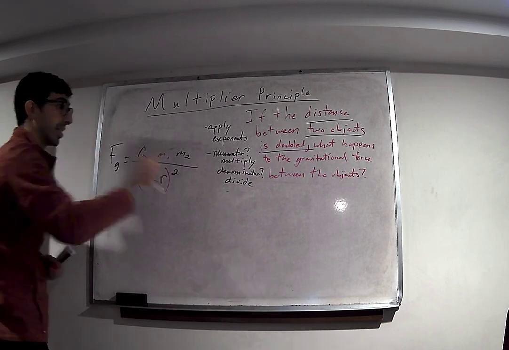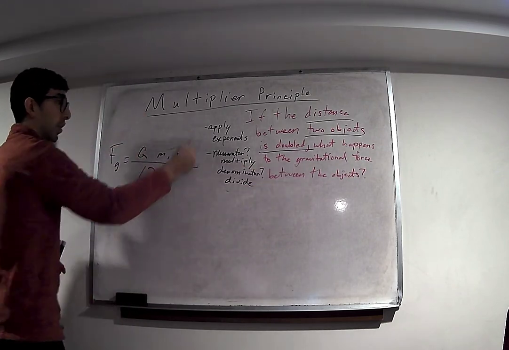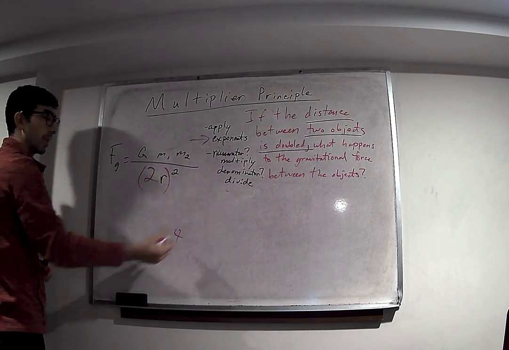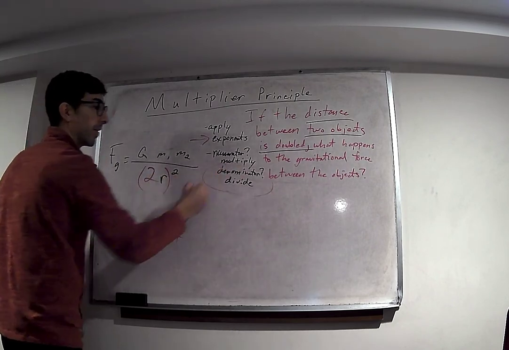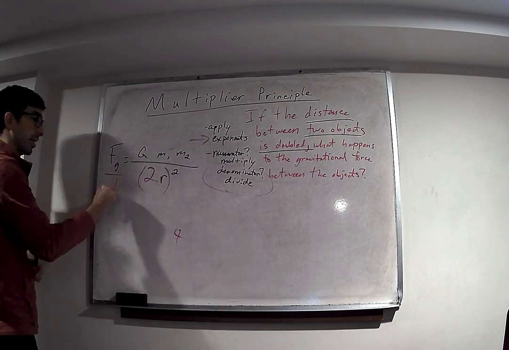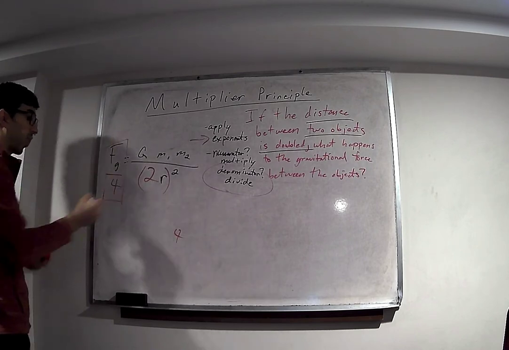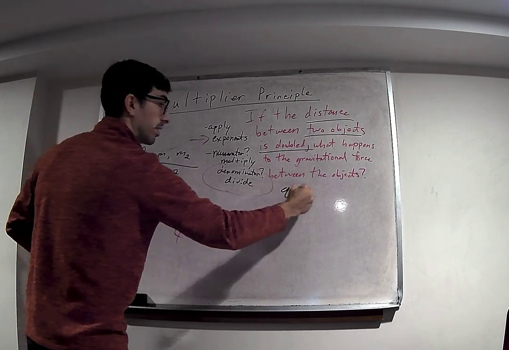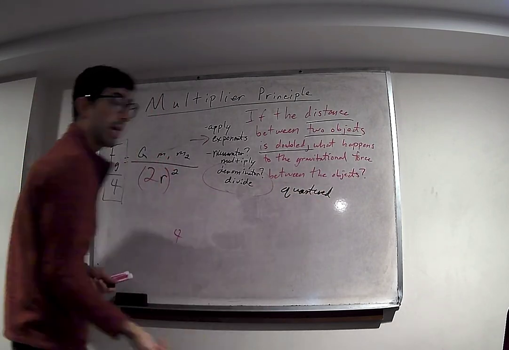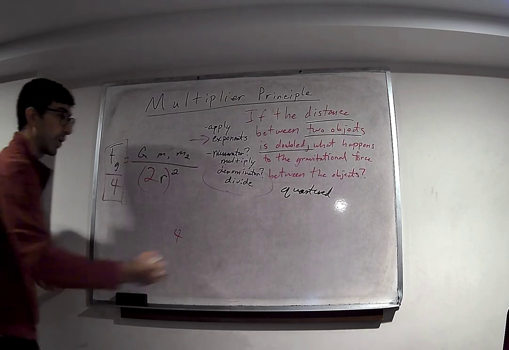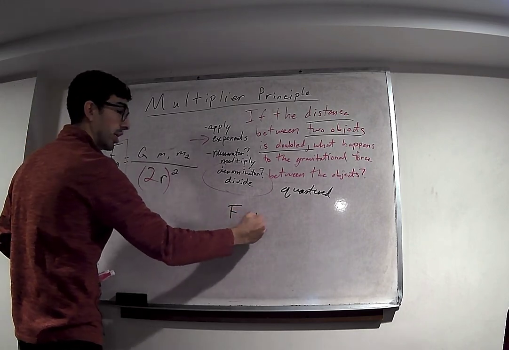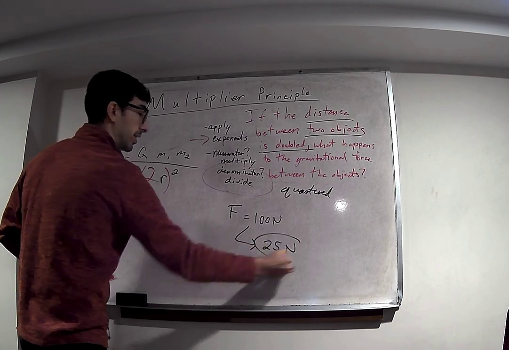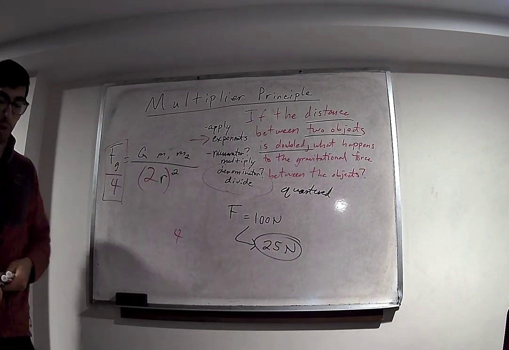What happens to the gravitational force? Well, first we apply exponents. 2 squared is 4, and it's in the denominator. So we divide. It is quartered. It is divided by 4. If the gravitational force was originally 100 newtons, now it's 25 newtons. We are dividing it by 4.